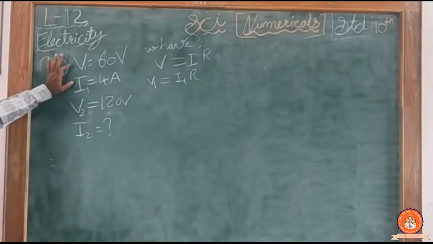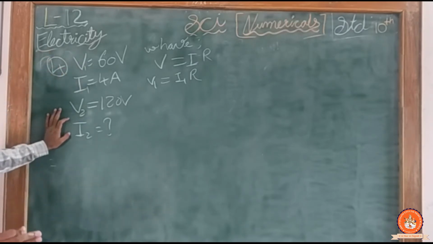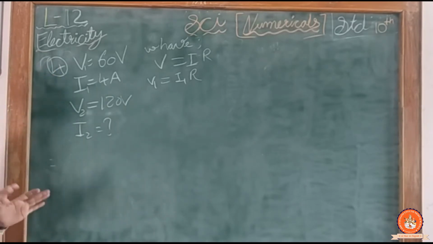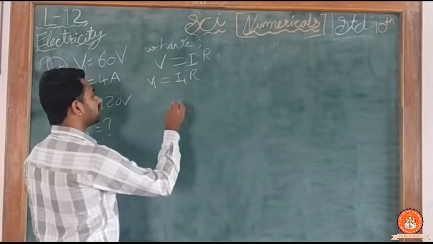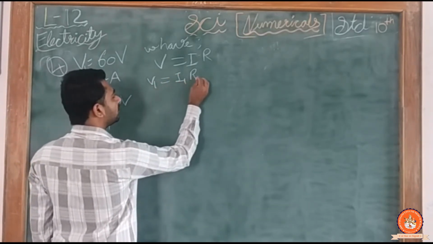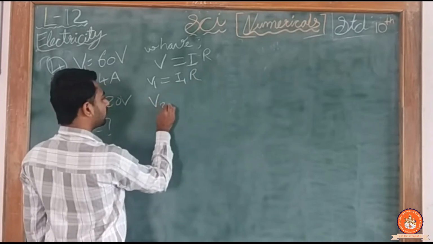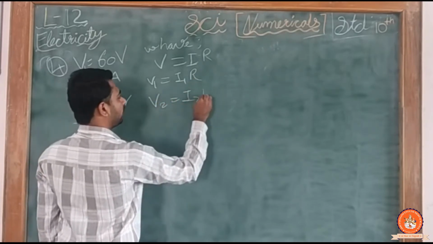For the voltage, initially they have 60 volt and then they increase the voltage to 120. When in both cases the resistance is the same, we will not do anything with the resistor, so we will get V1 is equal to I1R and V2 is equal to I2R.